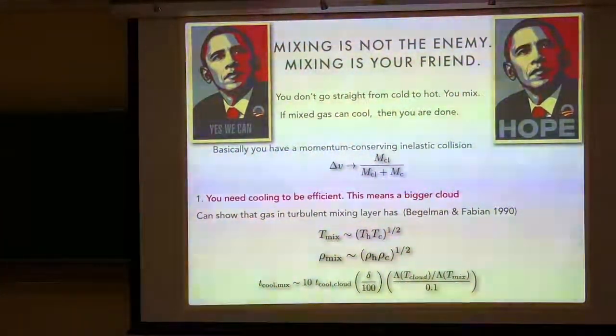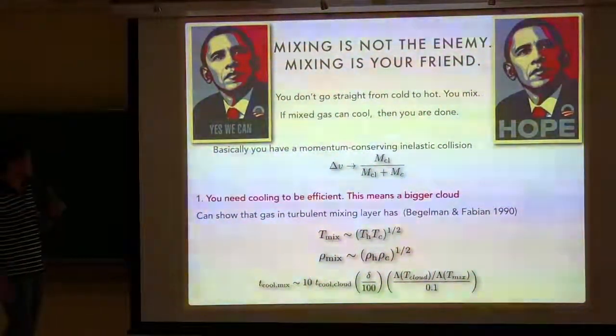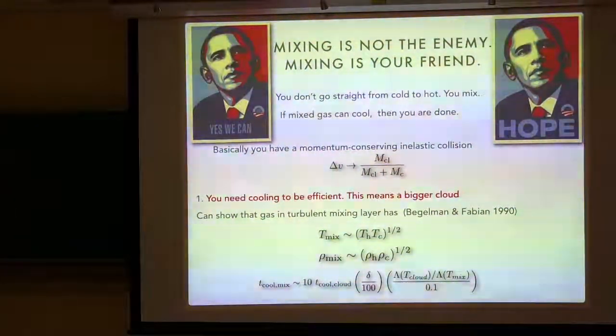What mixing does is draw in the mass and the momentum of the hot gas, so that you end up with more cold gas, which is co-moving because the hot gas is already co-moving. So it's somewhat similar to what Evan talked about. You want to convert the hot gas to cold, but instead you're using the cold gas as a seed to create warm gas which can cool.